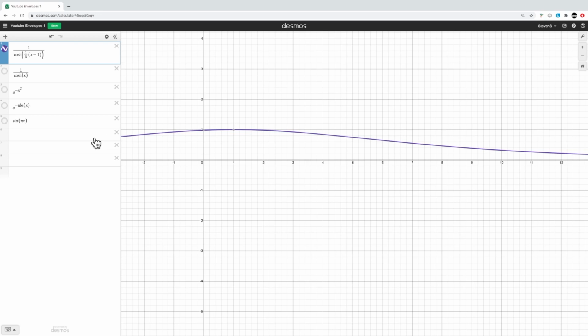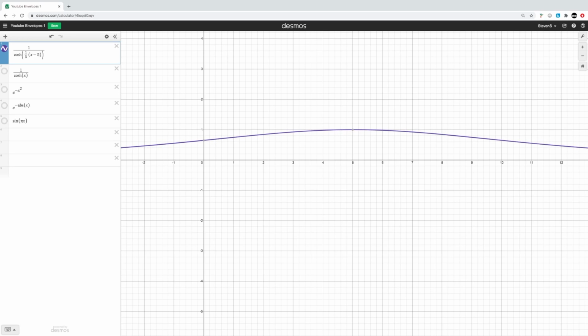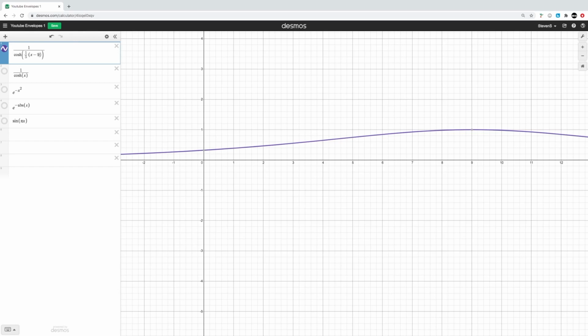And that moves this whole function, envelope, shape, over 1. So now we could have done like x minus 5. You could do that, or x minus 9.